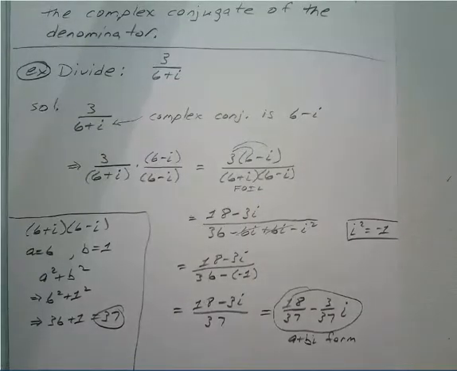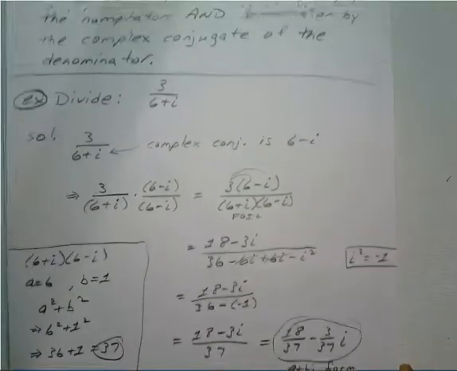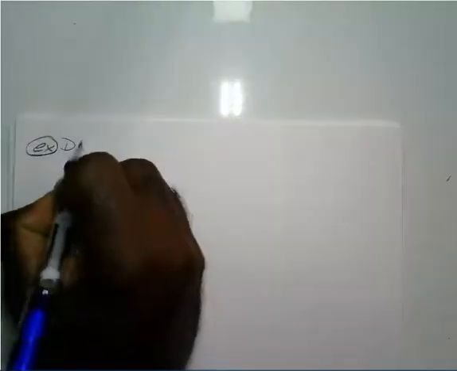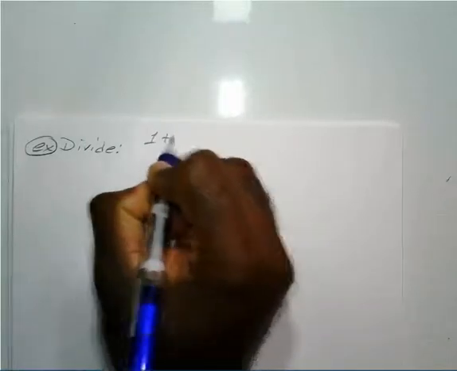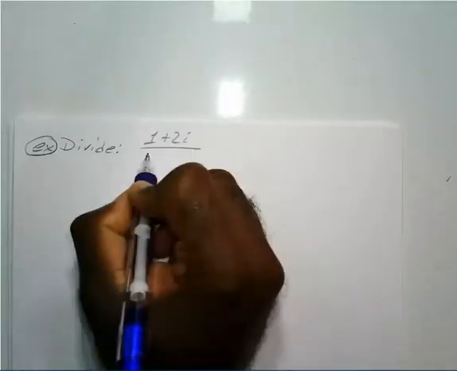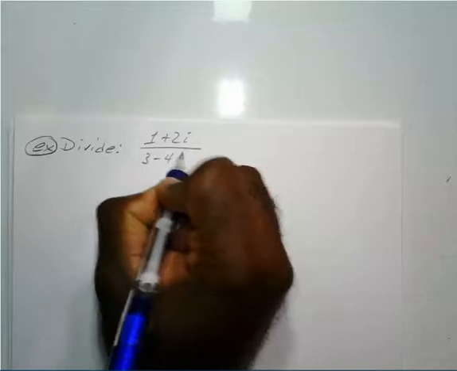Alright, so let's go ahead to our next example. Let's say we wanted to divide 1 plus 2i over 3 minus 4i.